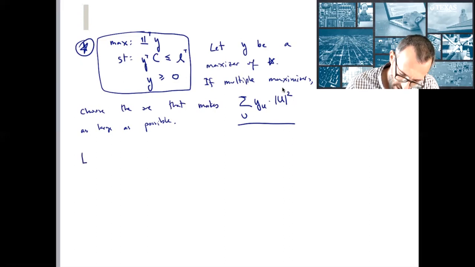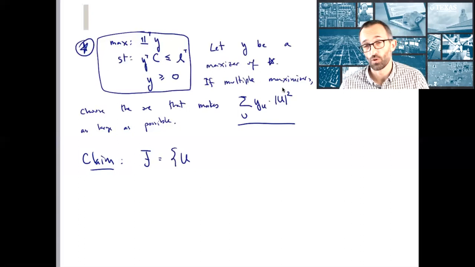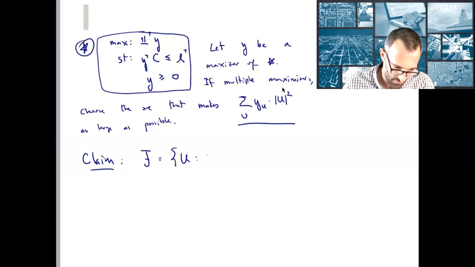So the first lemma, actually, let me just call this a claim, is that if I look at the set F, which is all u for which y is positive, in other words, I'm just looking at the support of y, then this set is laminar.